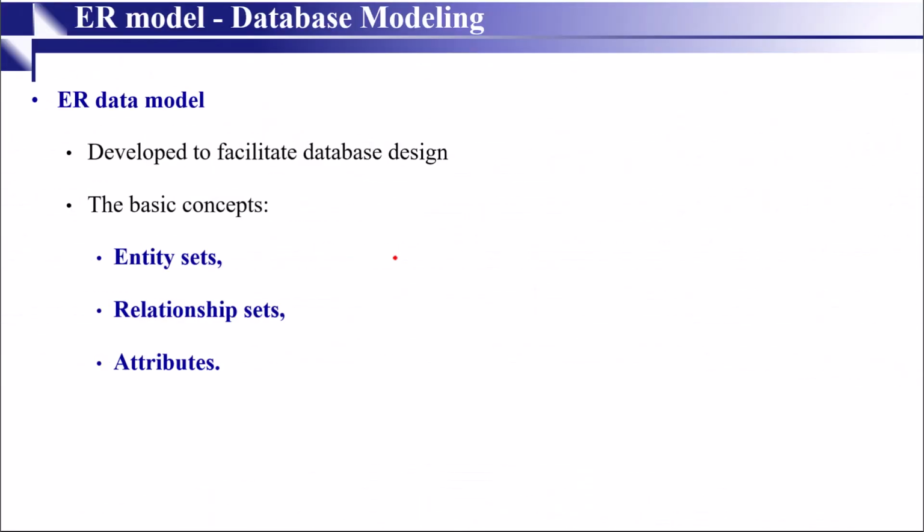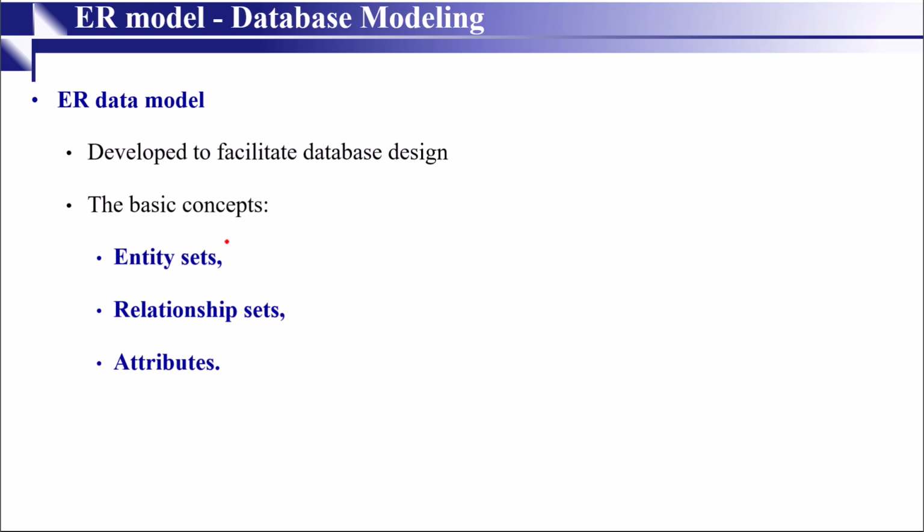The ER model was developed to facilitate database design by allowing specification of an enterprise schema that represents the overall logical structure of a database. It is also very useful in mapping the meaning and interactions of real-world enterprises onto a conceptual schema. Because of this usefulness, many database design tools draw on concepts from the ER model.